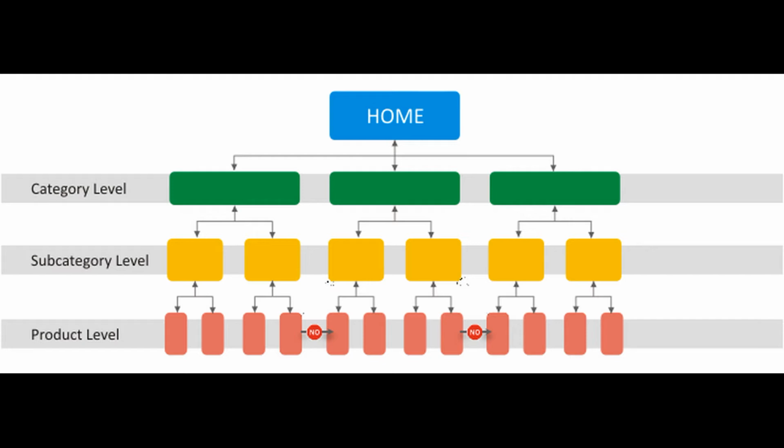It is also difficult because of polyhierarchies, which means multiple categorization for products or subcategories. For example, the office furniture category can be categorized under office products and under furniture. Also, on e-commerce websites, there's a need for subcategory cross-linking and crossover products.